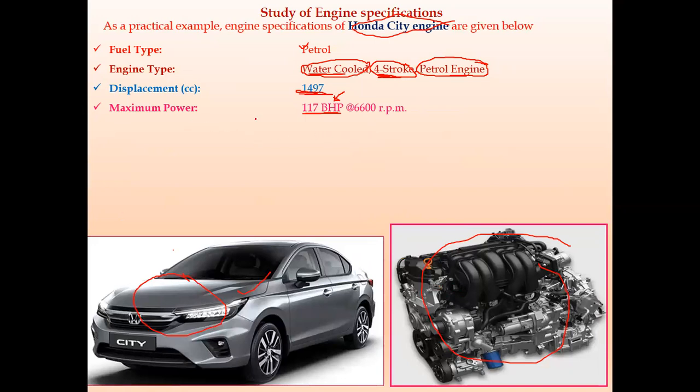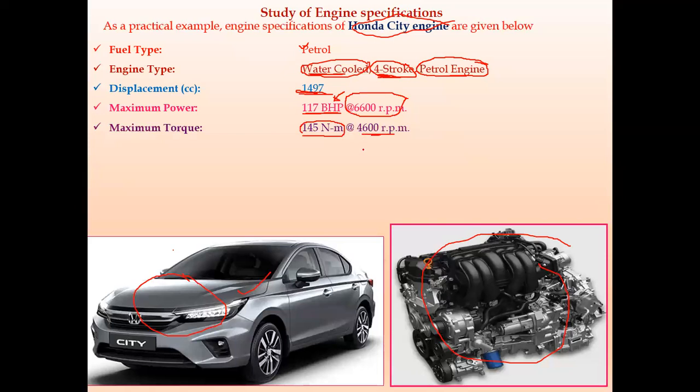We get a maximum power of 117 bhp, or you can say HP, at 6,600 rpm. Next parameter is maximum torque, which is 145 Newton meter, at a speed of 4,600 rpm.